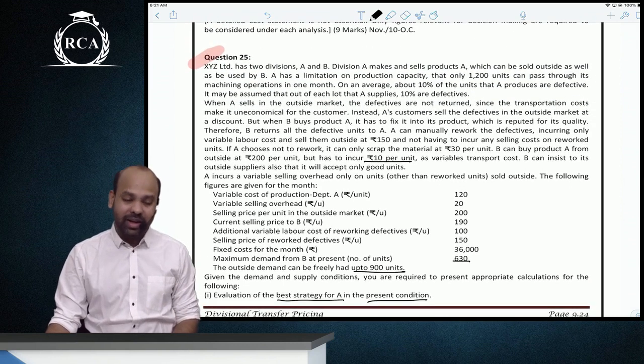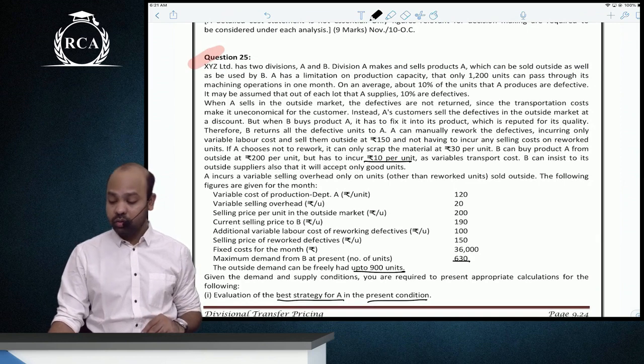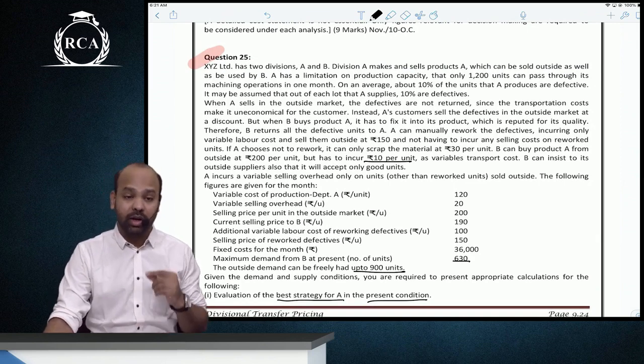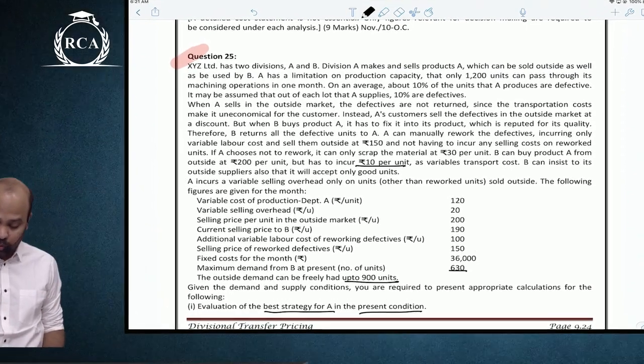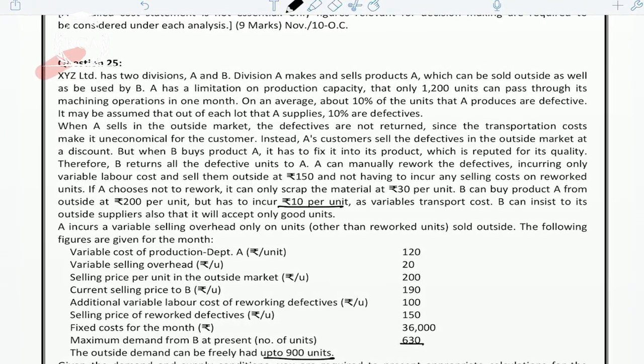The question is pretty interesting as such, guys. I will tell you why, but you will have to go through the question. First, all of you guys go through the question.